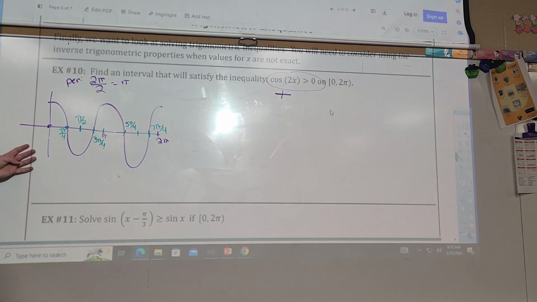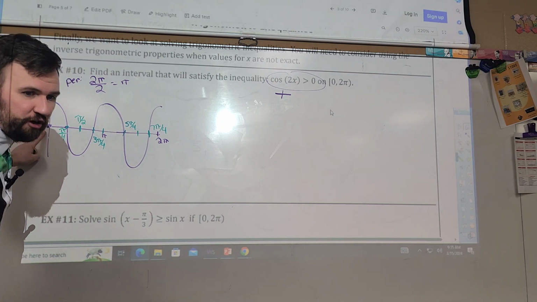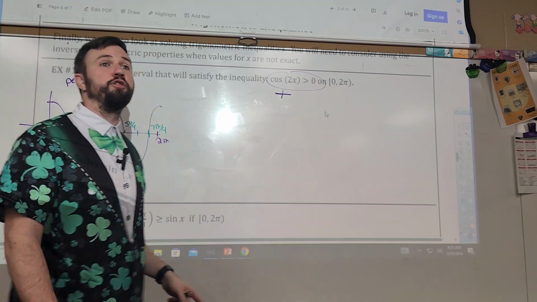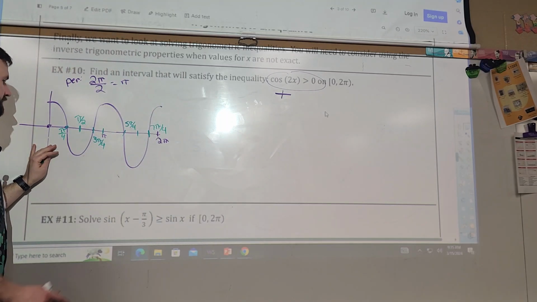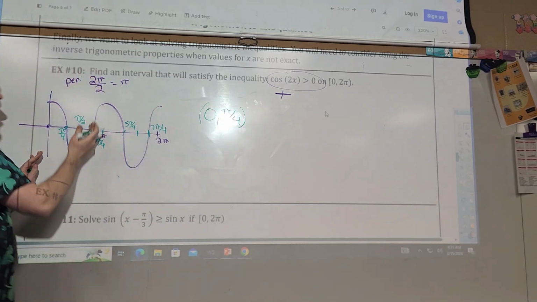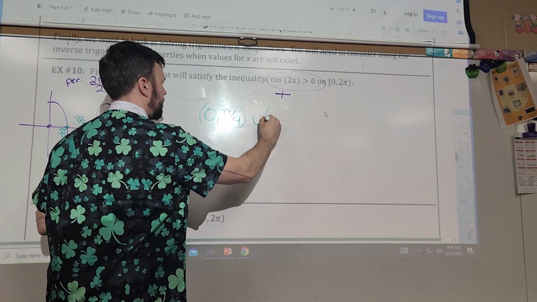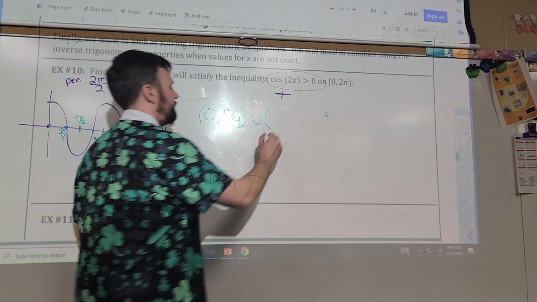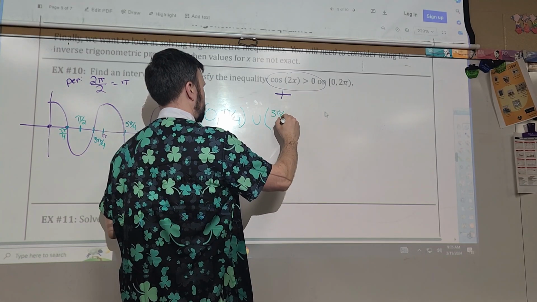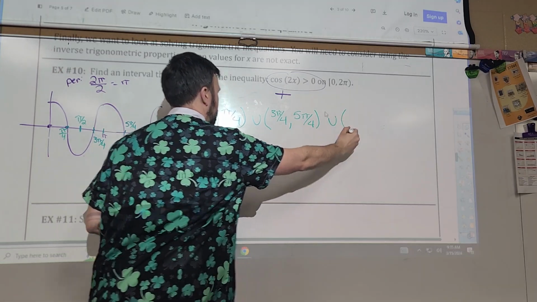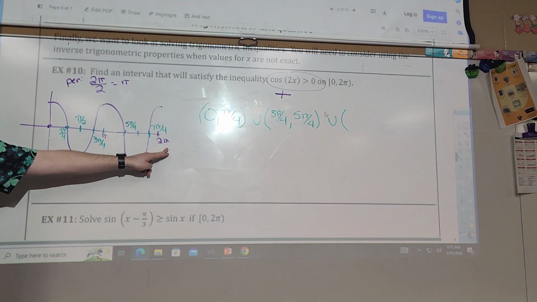So based on this graph, where am I positive? From 0 to pi over 4. Now, is that "or equal to"? No, so am I going to use brackets or parentheses? Parentheses. So from 0 to pi over 4, I'm above the x-axis, union, from 3 pi over 4 to 5 pi over 4, union, 7 pi over 4 to 2 pi.